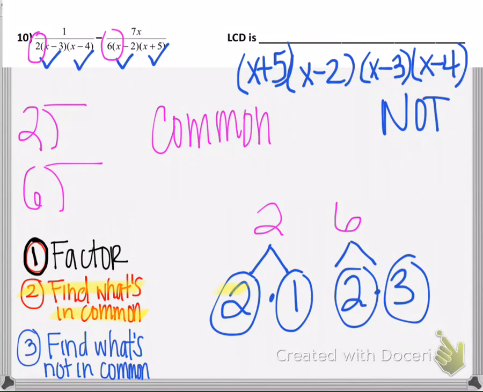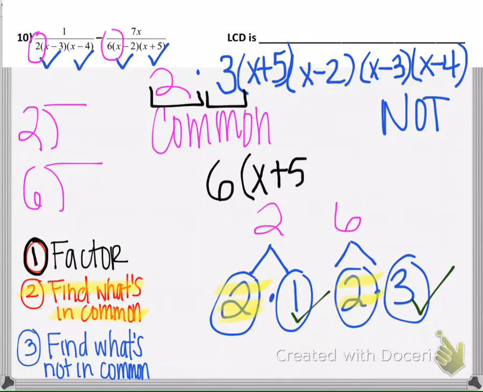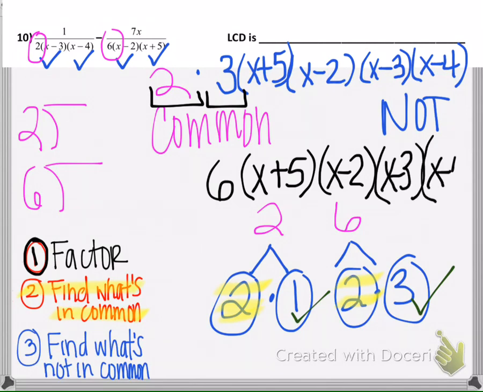So what they have in common is the 2. And then what they don't have in common is just the 3. And 3 times 1 is just 3. So if we put that all together, it would make our common denominator 2 times 3 is 6. And then we'd have times x plus 5 times x minus 2 times x minus 3 times x minus 4. So that would be our common denominator there.